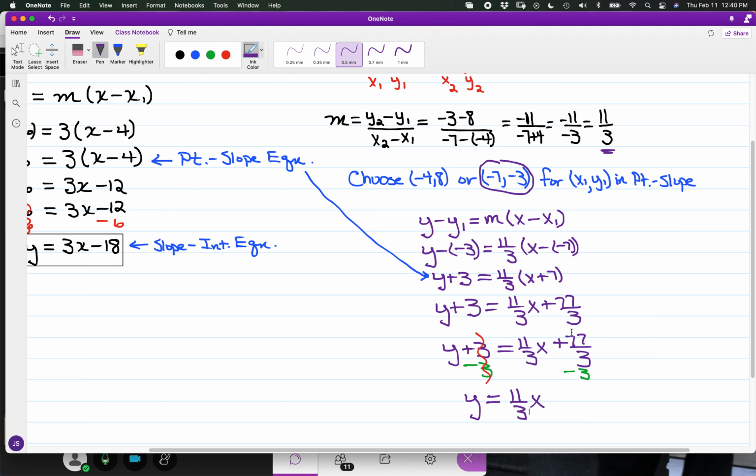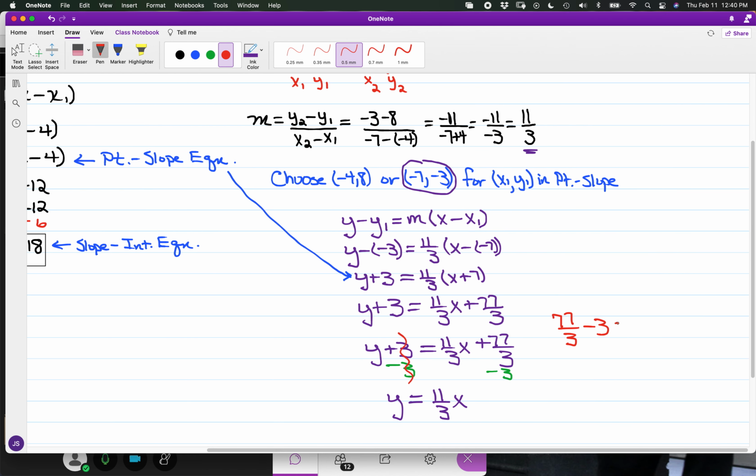now 77/3 minus 3. Let me just mention, for 77/3 minus 3, if I convert 3 into a fraction, you have 77 over 3 minus 3 over 1, and 3 over 1 can be written as 9/3.